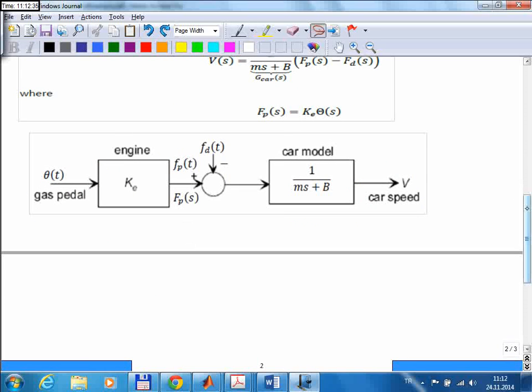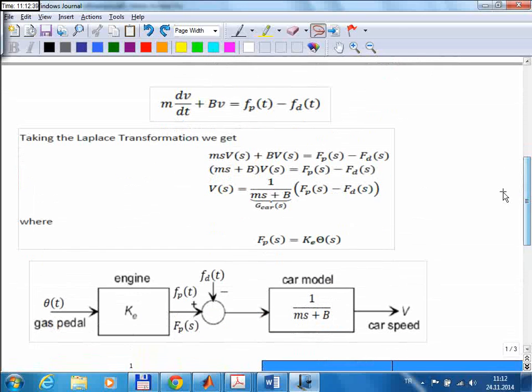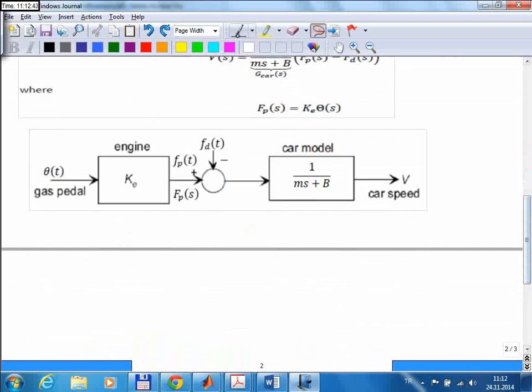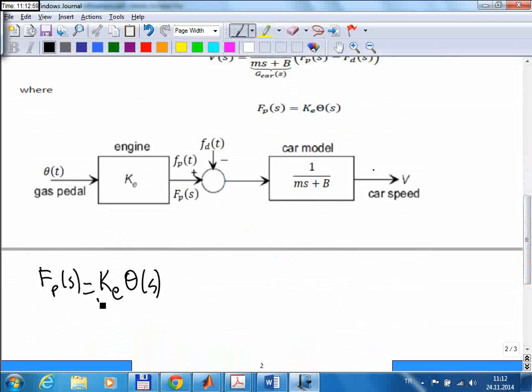But right now, for the engine, we use this model. So this is the equation we have for the engine, and this is the engine transfer function, right?